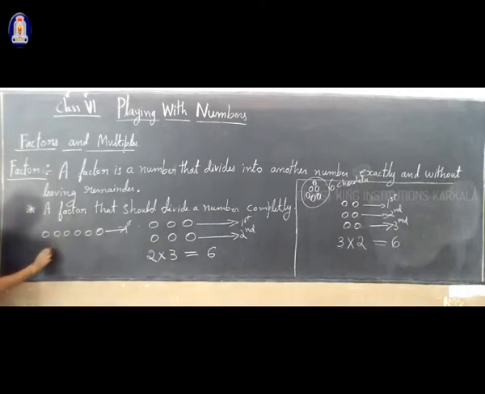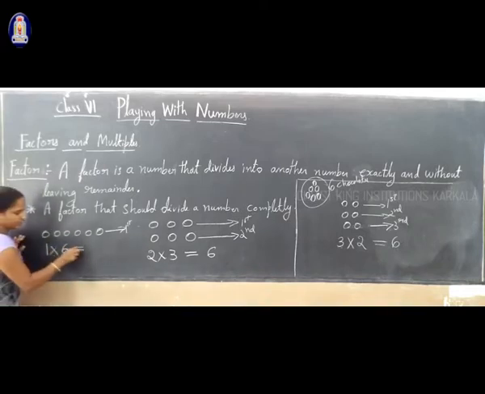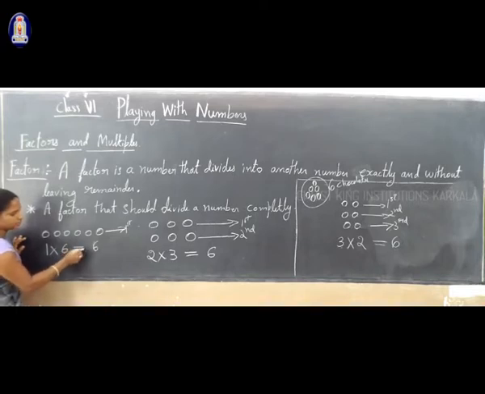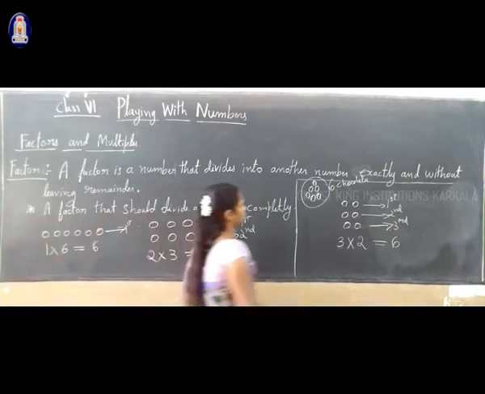How many rows are there? Only one row. How many chocolates are there here? 1, 2, 3, 4, 5, 6. So this is one order. We can distribute chocolates like this also. In the first row we can give 6 chocolates. So 1 six is 6. This is another way of arranging chocolates.